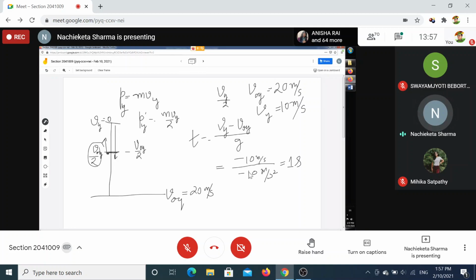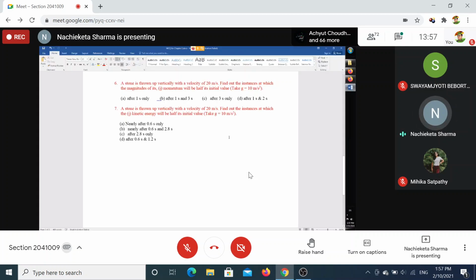So 1 second, and then it will go to the topmost point in 2 seconds, and again to this point. So after 1 second and then after 3 seconds, the same thing will happen.